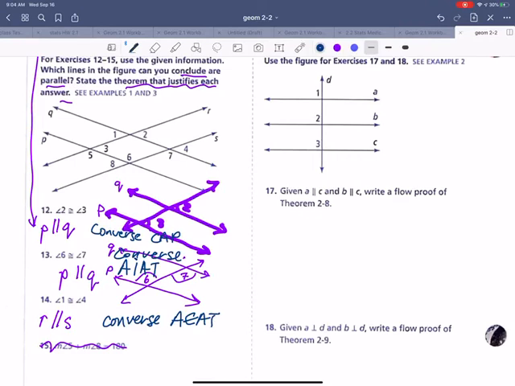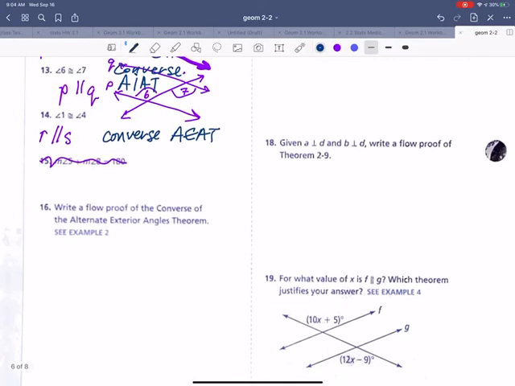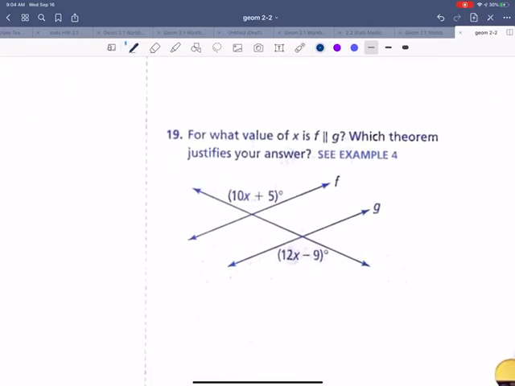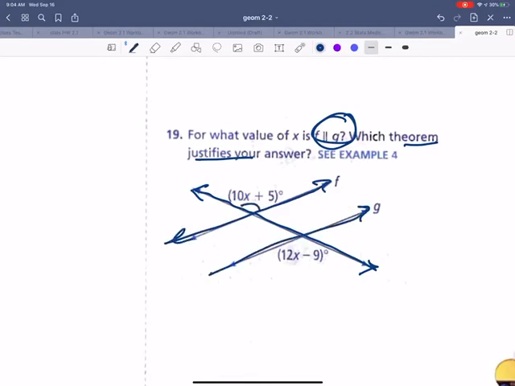Okay. Now let's take a look at 19. So it states here, which theorem justifies your answer? So if we want to know what value of x would lock this into place, we notice these two are obtuse, so they wouldn't add up to 180. They should be equal. But let's look at what their location is.